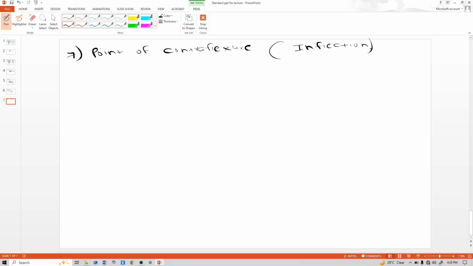First I need to draw a beam, and let us consider an overhanging beam carrying a uniformly distributed load.